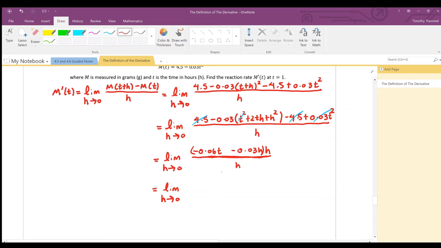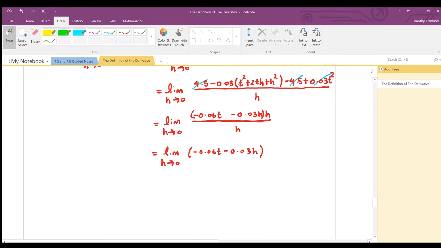And so our h's cancel, and so we're just taking the limit of minus 0.06 t minus 0.03 h. And if we let h go to 0, this just becomes minus 0.06 t.